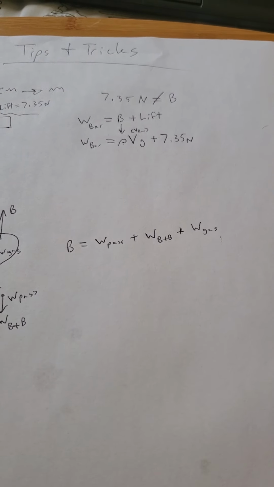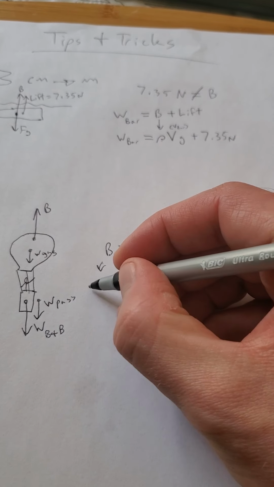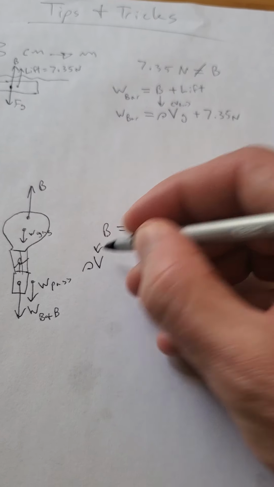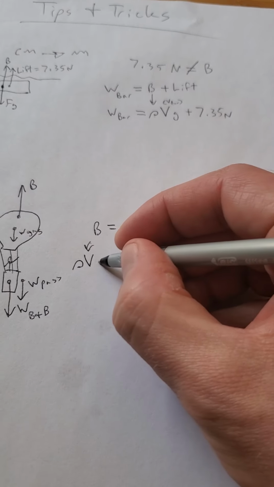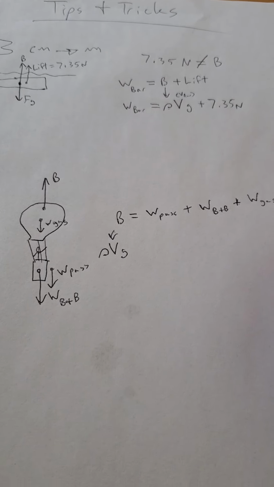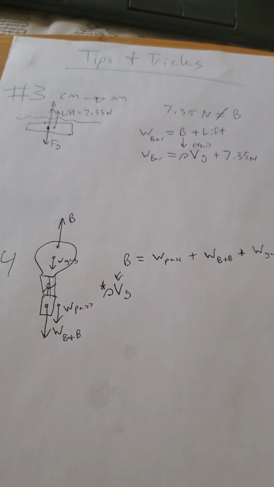Some of these are given, some of these you'll have to find, but don't forget that buoyancy is equal to the density of the air, the volume displaced by the balloon, and 9.8 meters per second squared, because we are in fact on Earth.